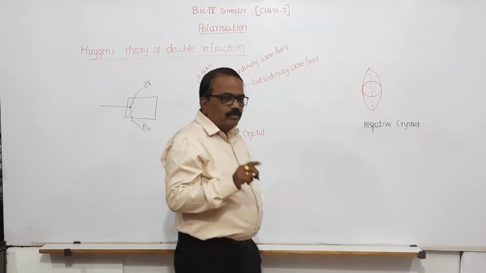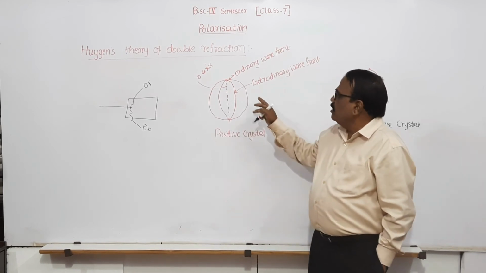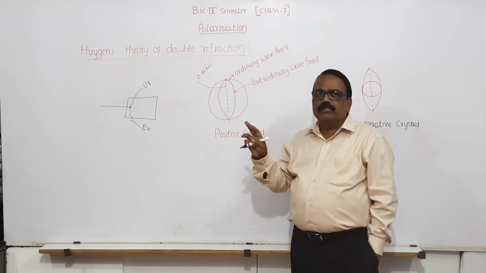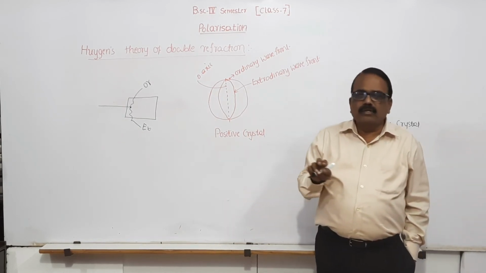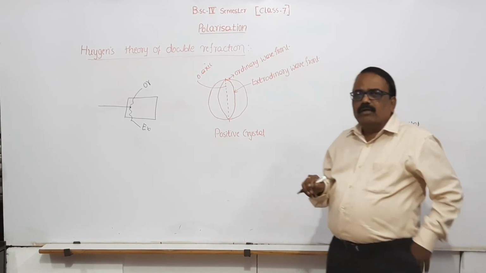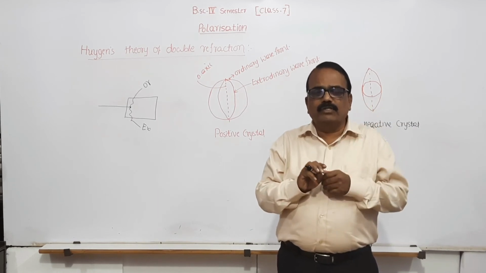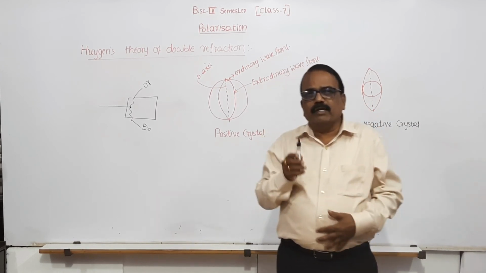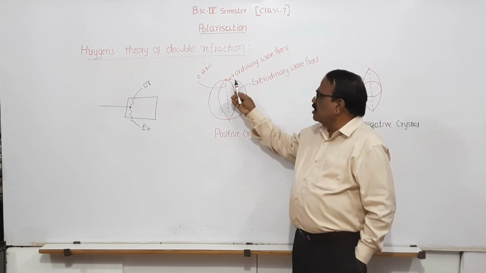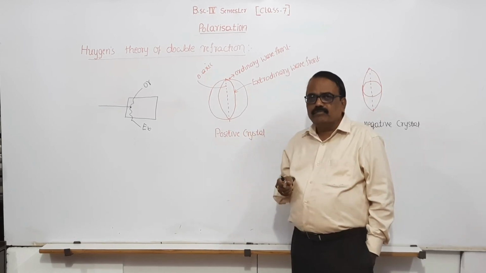In the case of a positive crystal, the ordinary ray travels with the same velocity in all directions. In the case of a negative crystal also, the ordinary ray travels with the same velocity. Its refractive index is constant. Therefore, it describes a spherical wavefront. Velocity is the same.